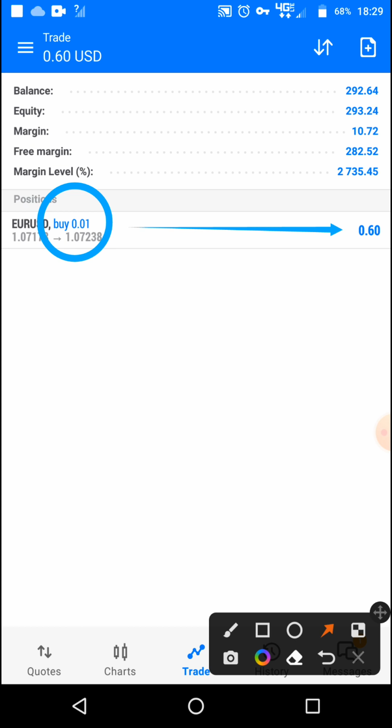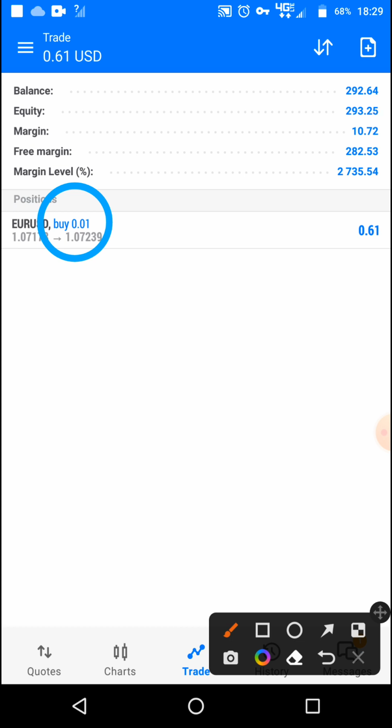Okay, so here's where we do the math. To be able to get 60 cents, how do you calculate? It's just simple. We all know we used 10 cents to get that 60 cents. So how do you calculate the pips?